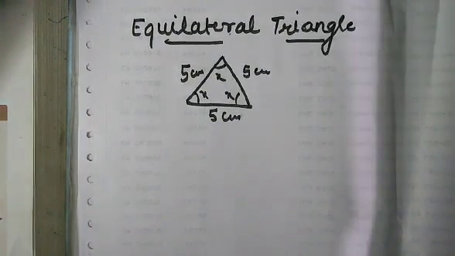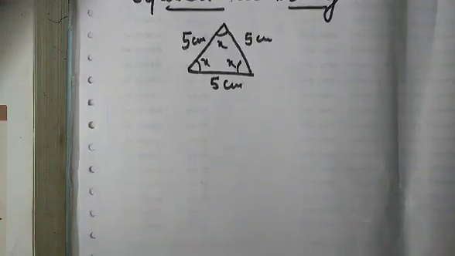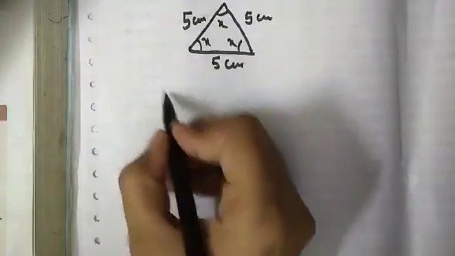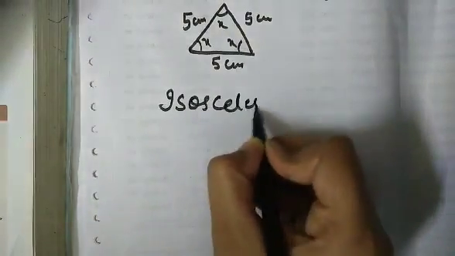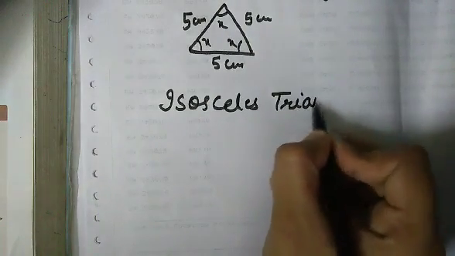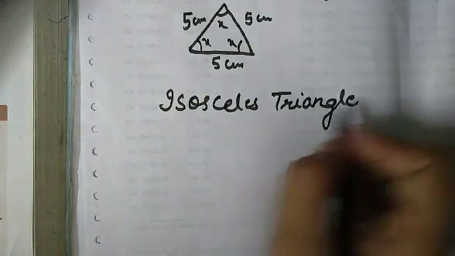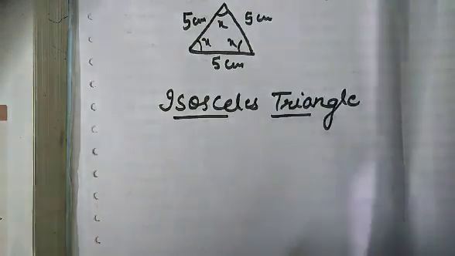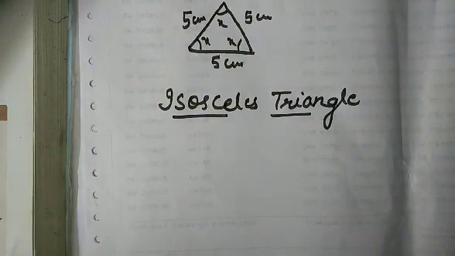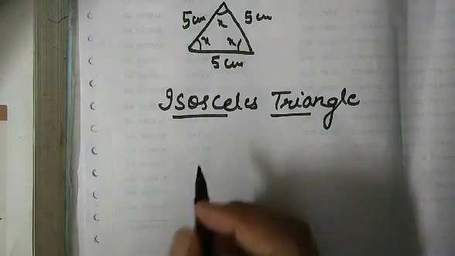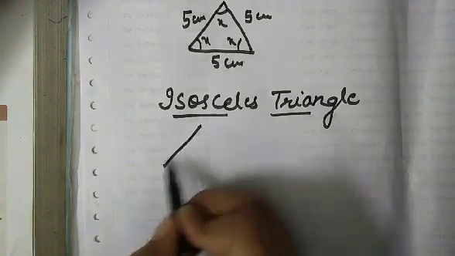Next, we will learn about the isosceles triangle. That is important. An isosceles triangle is a type of triangle in which two of the sides are of equal length. Any two sides of the triangle being equal, that type of triangle is known as an isosceles triangle.